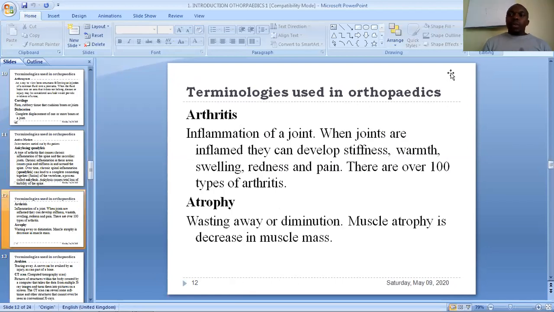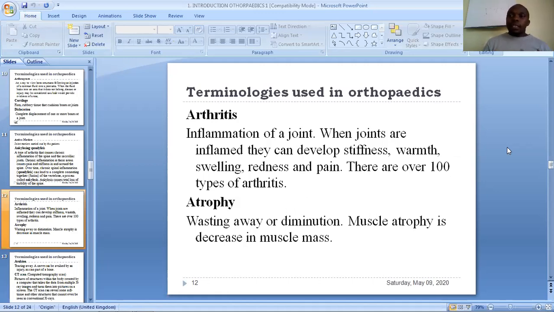The other term to look at is arthritis. This is simply a condition where there is inflammation of the joint. When joints are inflamed, they can develop stiffness, meaning that someone fails to move that joint freely and nicely. There can be some warmth as a result of the inflammation that takes place around that joint.